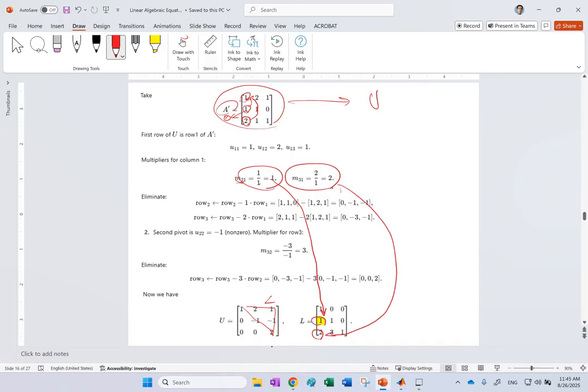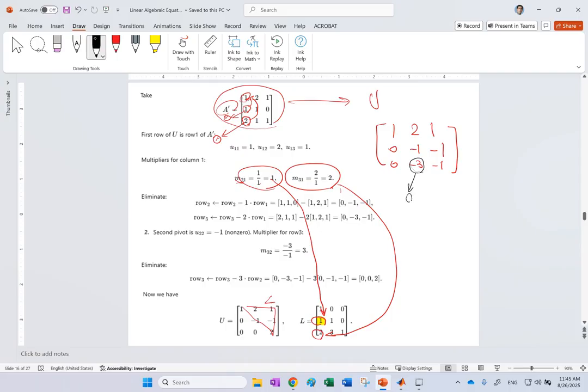And finally, when you get rid of these 2 and 1, make them into 0, remember, you get 1, 2, 1, and then 0, and then negative 1, and then 0, then negative 3, and negative 1, correct? So now the next number you want to go to 0 is this one.